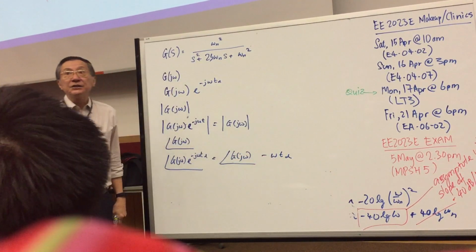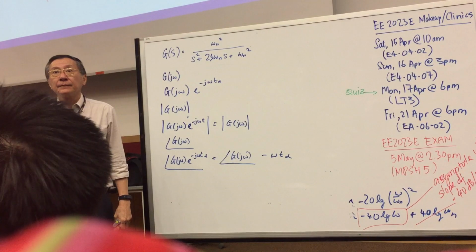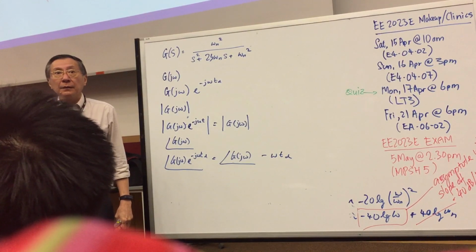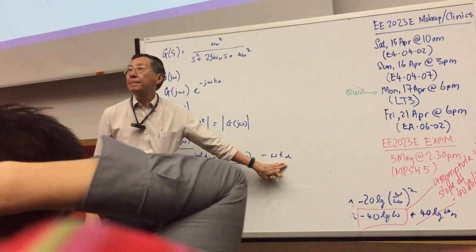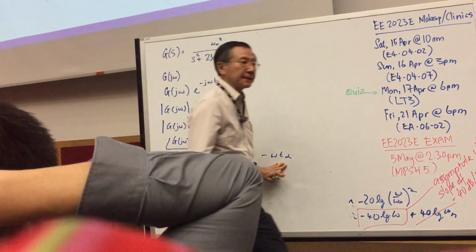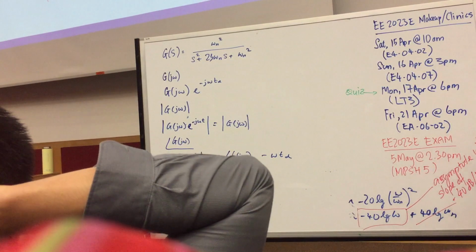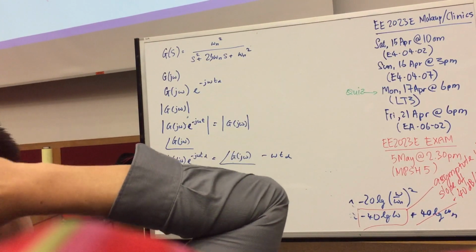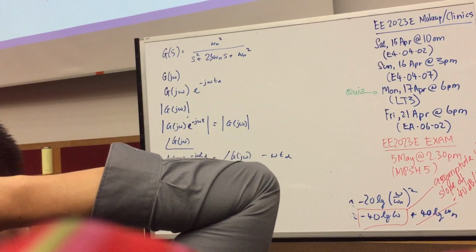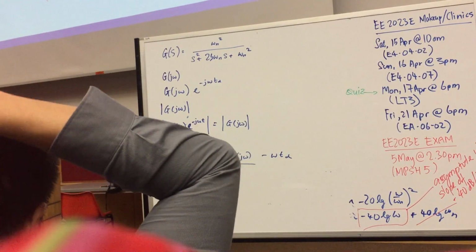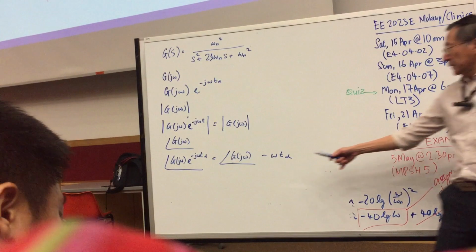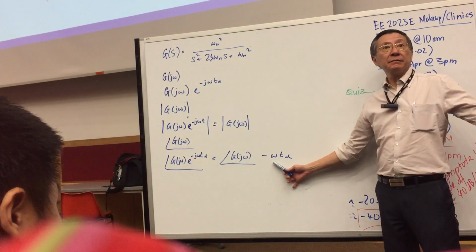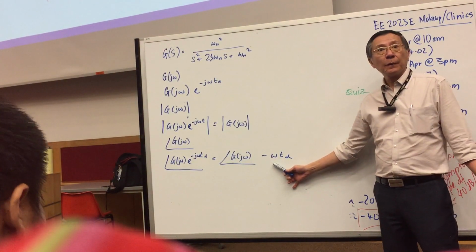That's the change in the phase. Whatever was the original phase, you have this extra term. That's the phase, which is a function of omega. Now what happens when omega is infinity? Very large, very high. The phase will also be minus infinity, right? It is very large. This will be minus a very large value also.